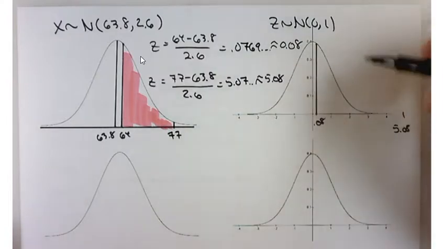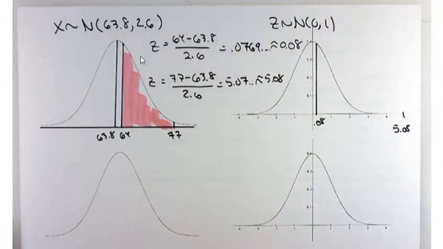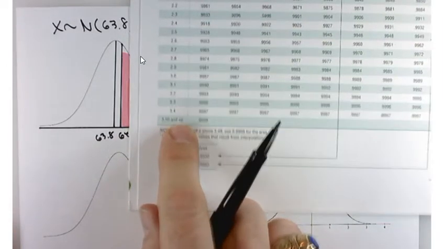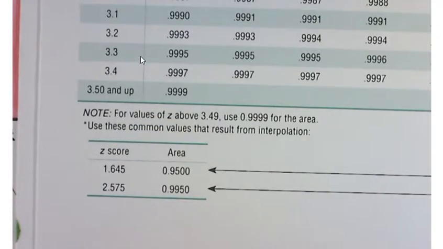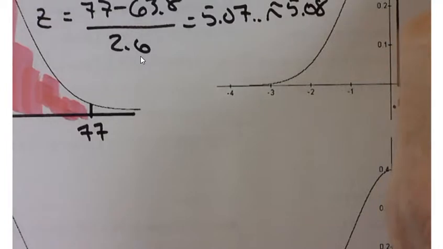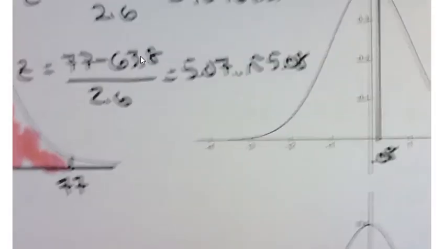We need to look up a couple values from our z-tables. So anything 3.5 and up, we're going to use kind of the generic 0.9999. So it's not quite 1, but we'll just use 0.9999 out of convenience.